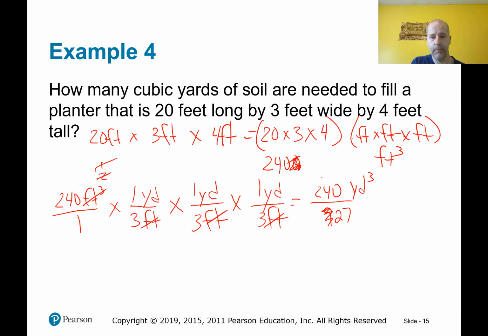And then, of course, we can use a calculator to figure this out, which gives us 80 over 9, which is going to give us an approximation.